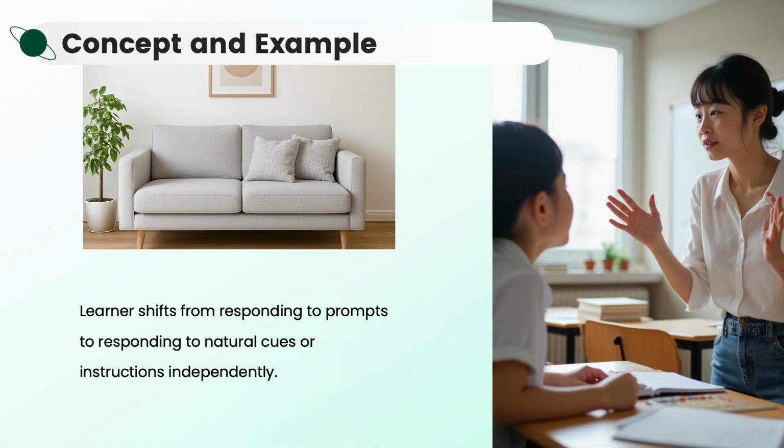Increase your wait time, fade prompts more intentionally, or mix in independent trials. Also, don't forget to reinforce. Independence has to be reinforced more strongly. Independent responses should get more enthusiastic praise, possibly stronger reinforcers, because we want the learner to contact more reinforcement for doing it on their own.